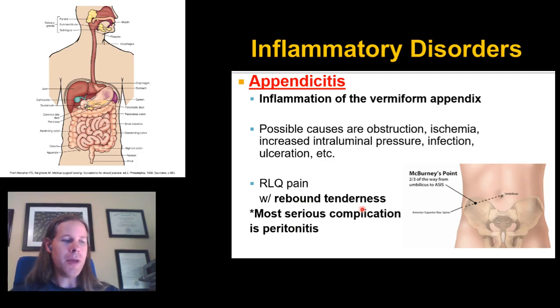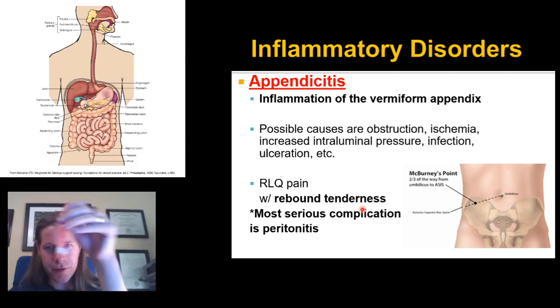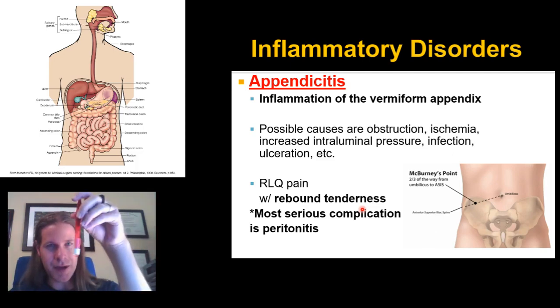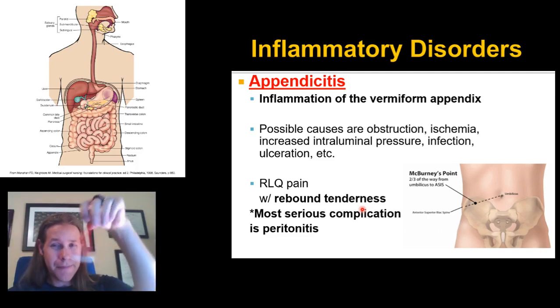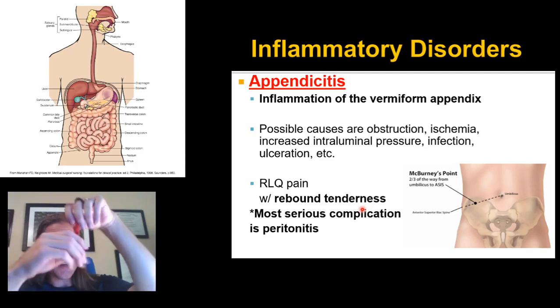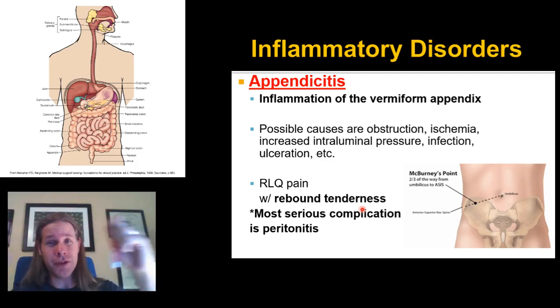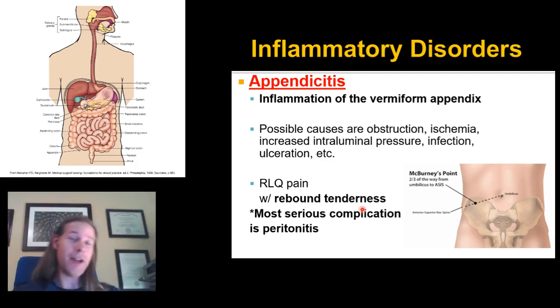So if the appendix is inflamed, let's just say my red pen here is the appendix. If it's inflamed, and if we press on it and then let go quickly, it's going to wiggle. It's going to jiggle like that. And an inflamed organ, if it wiggles and moves, is going to cause a lot of pain for that individual. And so that's what we're testing here. We're testing for rebound tenderness.